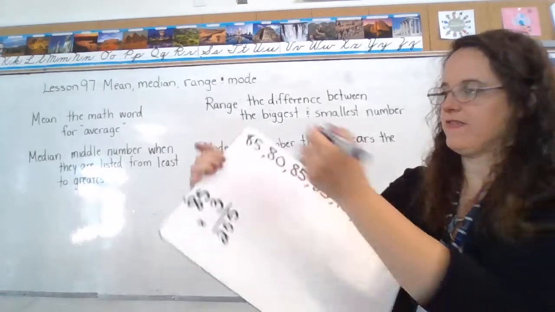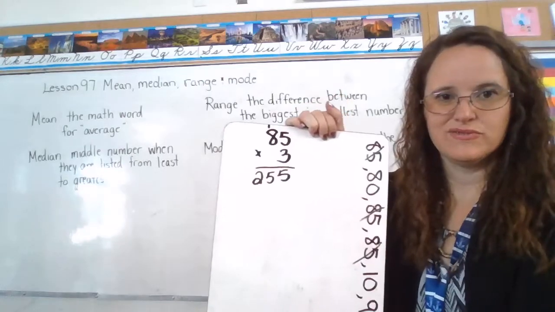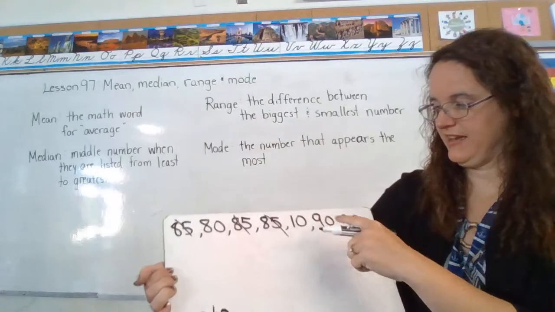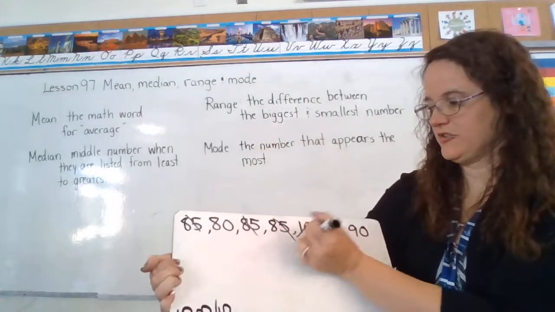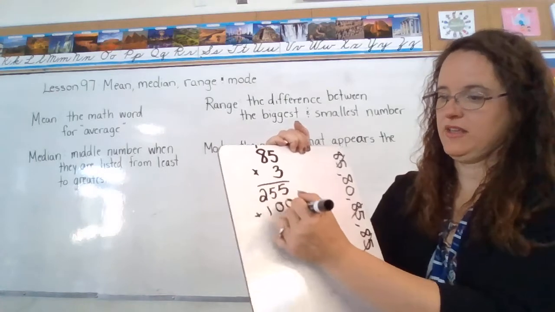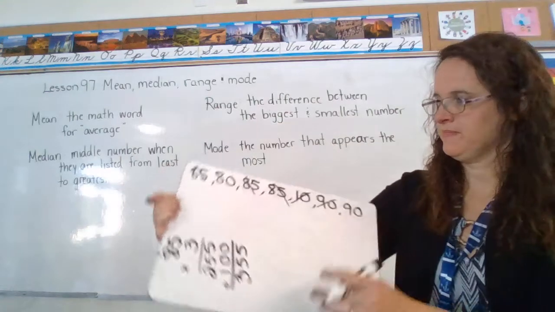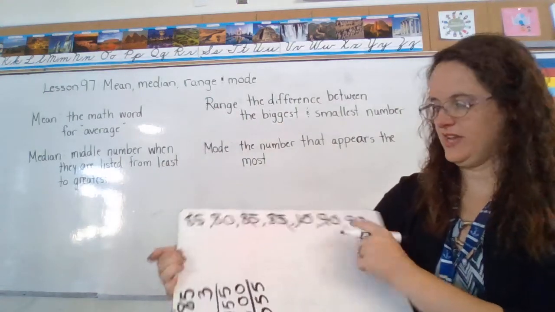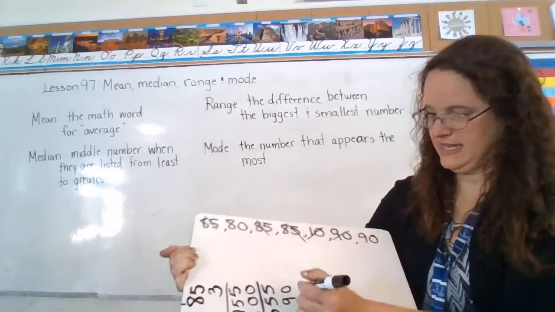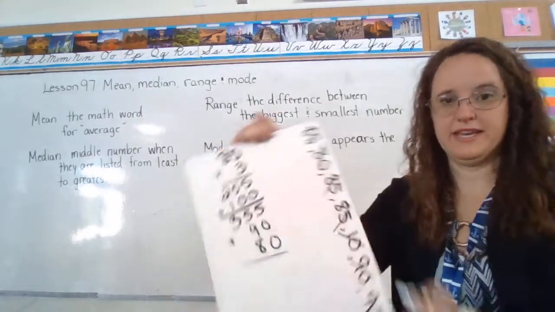So that takes care of my 3 85s. I'm just going to cross them out so that I don't forget that I've already added those. So 255 plus, then I have a 90 and a 10. That's 100. Let's cross those out, and now I'm adding 100. So that's 355. Then I have another 90, and I have another 80. And that takes care of all my numbers.